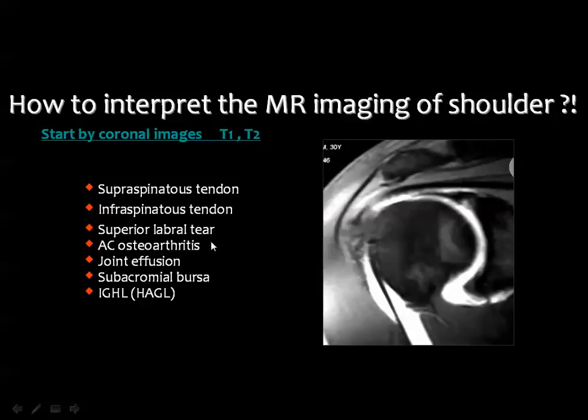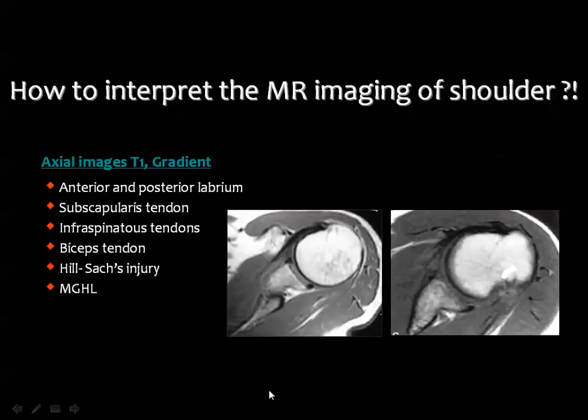Then you evaluate the lesions and structures clearly seen in these images, including the supraspinatus tendon, the infraspinatus tendon, the superior labrum, and acromioclavicular osteoarthritis. If there is joint effusion, what about the subacromial subdeltoid bursa? And finally, you have a look at the inferior glenohumeral ligament.